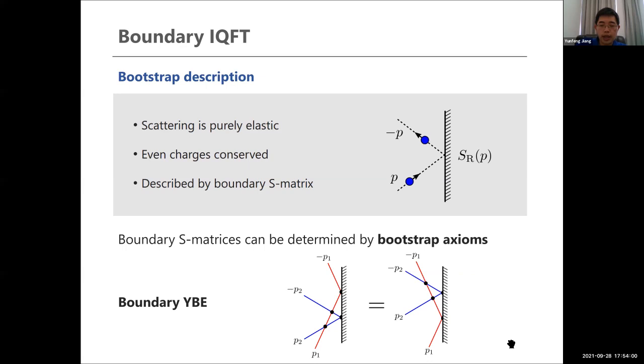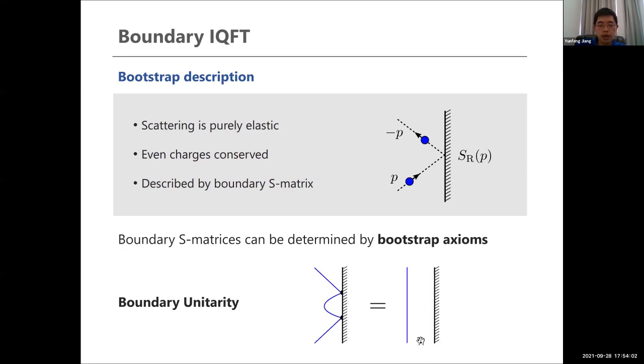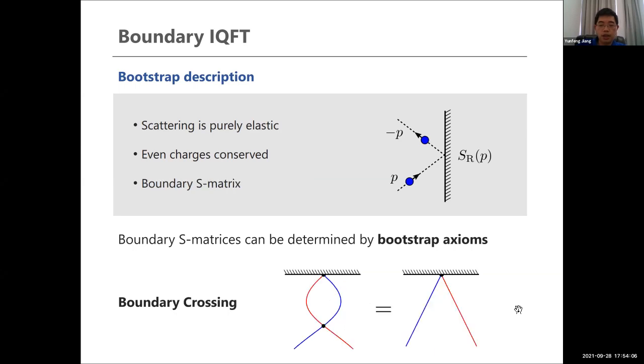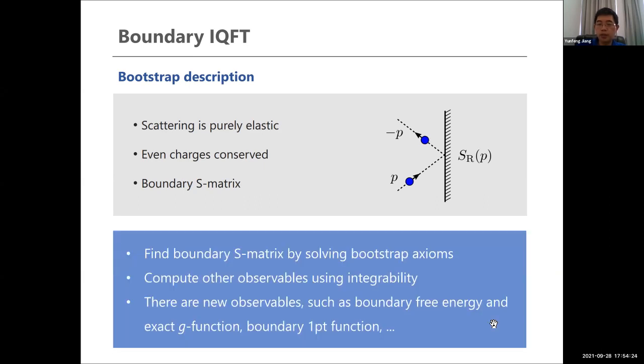And in addition to that, we also have the boundary unitarity condition, and the boundary crossing condition. All these axioms were proposed by Ghoshal and Zamolodchikov. Then you can write down a set of equations involving both the bulk and the boundary S matrices, and you sit down and try to solve them.